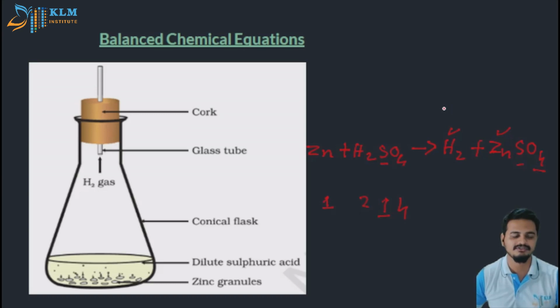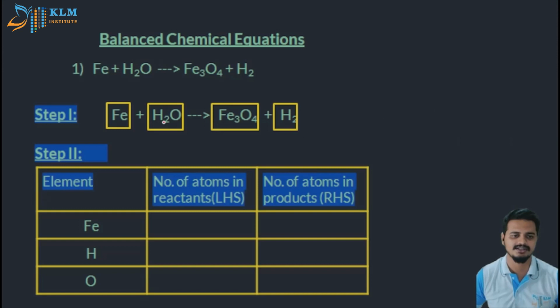What do you do if you are given an unbalanced chemical equation? This is an example of an unbalanced chemical equation. Here you can see Fe plus H2O on the reactant side. On the product side, iron oxide, that is Fe3O4, plus H2 is given. Step 1, you can just box each of the elements as shown.